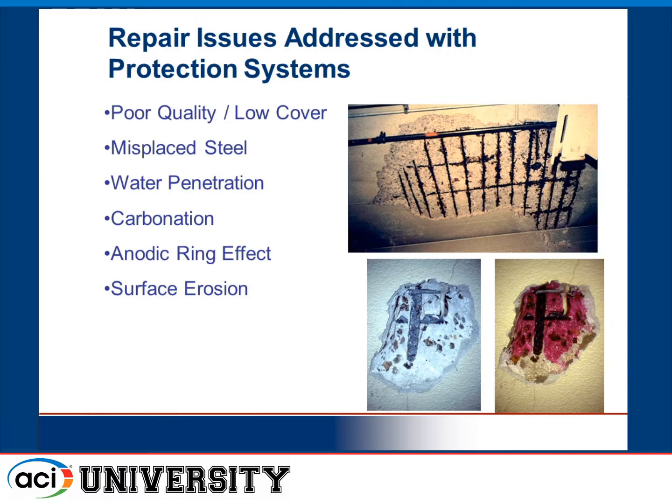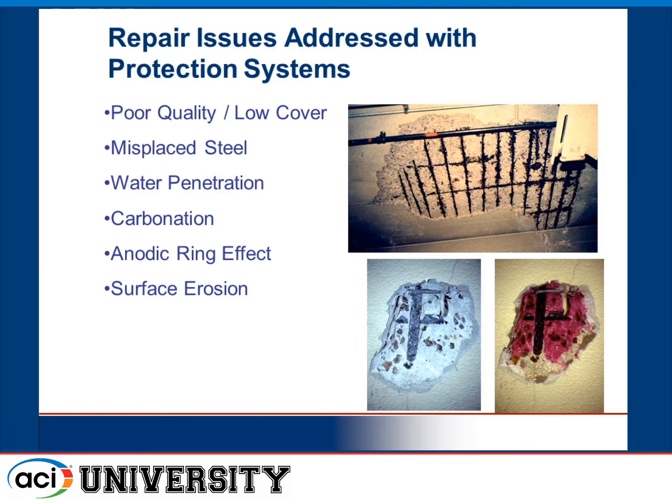In the upper section, you see a soffit of a concrete structure that has been corroded as a result of very low cover, and you can see the damage. Carbonation is also an issue, and David showed a few pictures using phenolphthalein. You can see right here, this is an area that has been carbonated. You can't tell, except that there's been damage. There's some cracking.